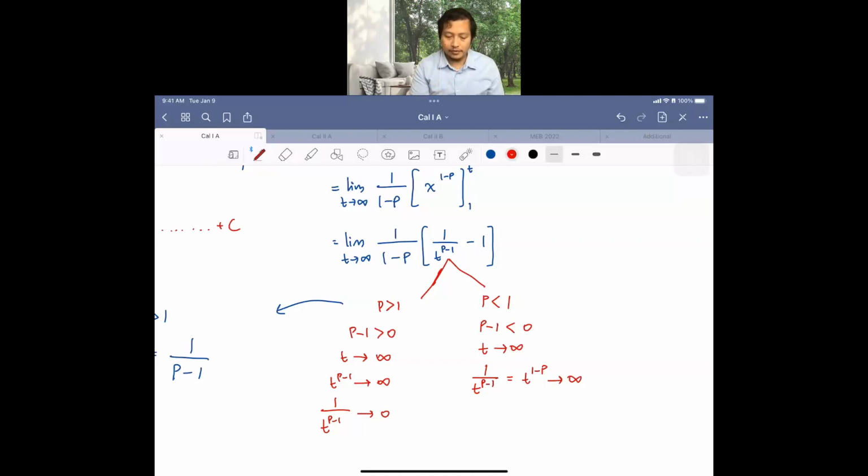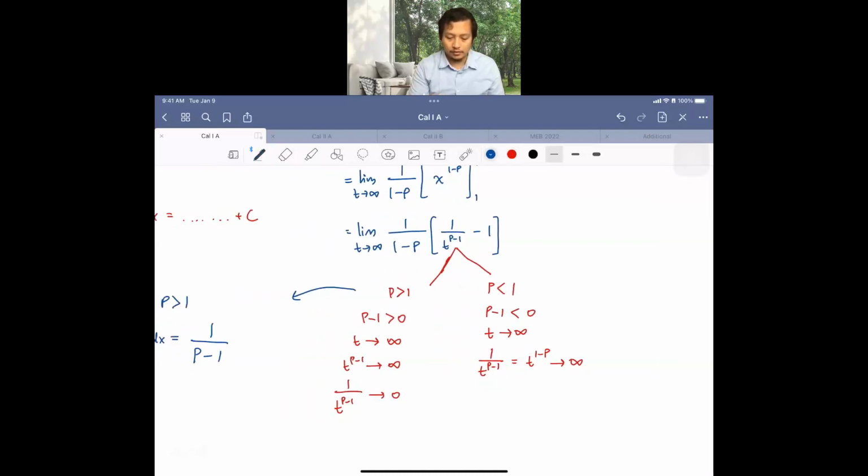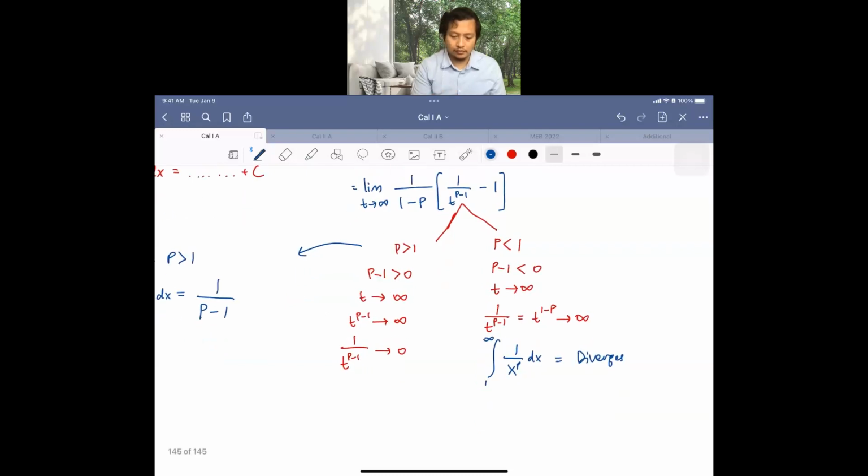So we have that the integral will diverge. Diverges for p less than 1.